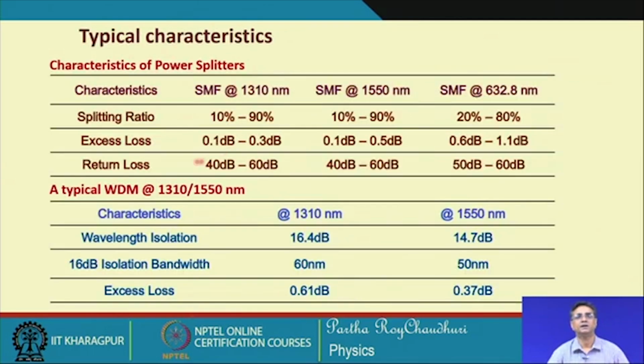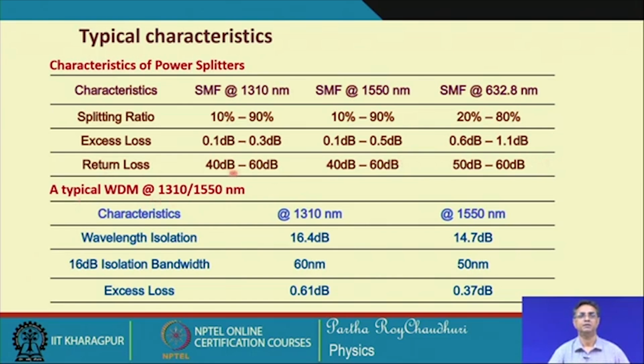Then the typical characteristics of optical fiber couplers, these are the real numbers. Splitting ratio can be between 10 to 90% for single mode fiber at 1310 and 1550, and at helium neon laser wavelength 20 to 80%. Excess loss could be somewhere between 0.8 to 0.3, this is 0.1 to 0.5 and so on. Return loss is minus 40 to 60 dB, almost the same for all cases.